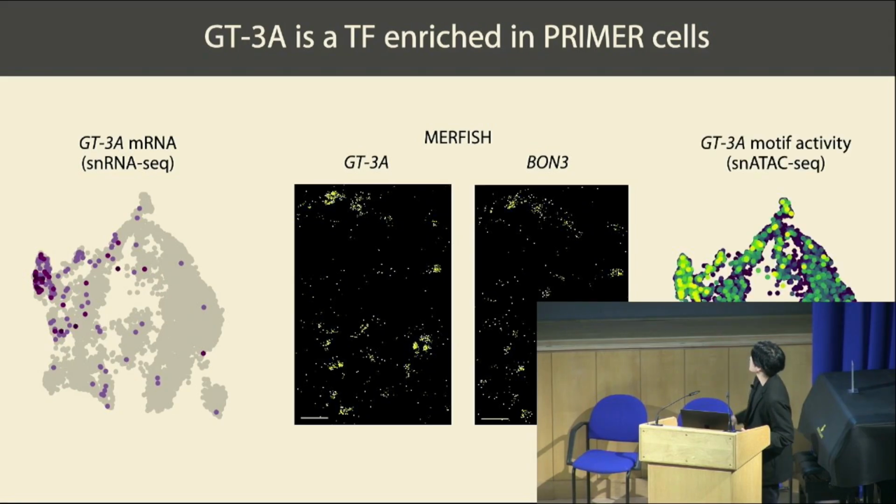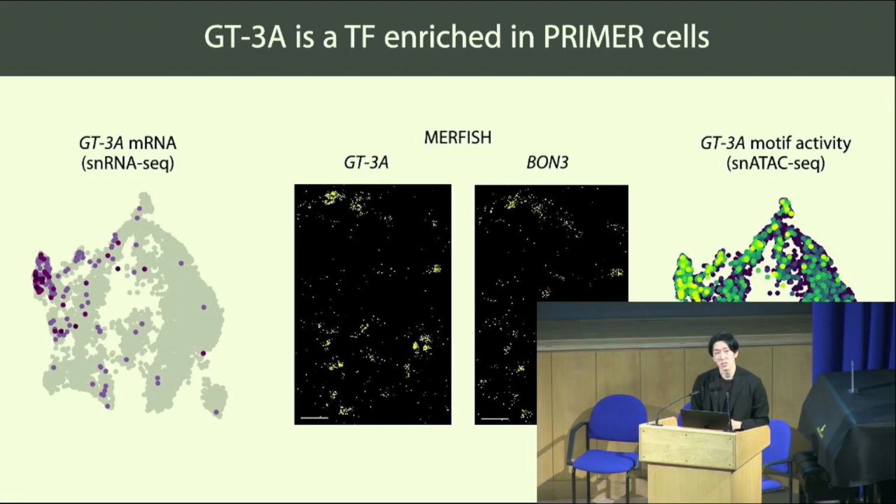Also, the single-cell ATAC-seq, the epigenome data, suggested that in the primer cell cluster, the GT3A binding sites are more open genome-wide. So those cells are ready to be bound by GT3A. So all in all, the data suggests that GT3A might be an important regulator in this rare cell population.